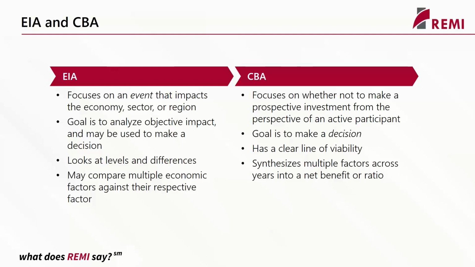Going down the line, maybe it's the number of dollars that are transferred from one income level to another, from one industry or sector to another, through this economic activity. But economic impact analysis does not necessarily have that. While a cost-benefit analysis is going to take all those factors and put them in line with dollar values that are comparable to one another, so that we can weigh costs and benefits against one another.